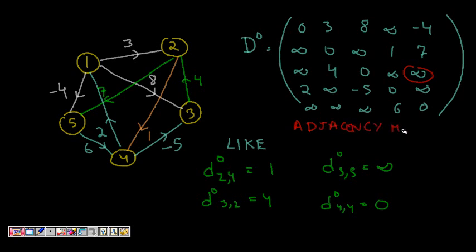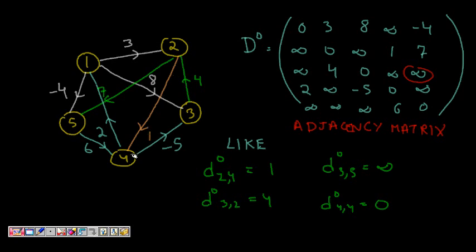So this is the adjacency matrix, and this is also D0, which means I cannot use any intermediate nodes. If two nodes are directly connected, that will be D0 ij, and if they are not connected, it will be infinity. So let's see D0 2,4. Is it connected?